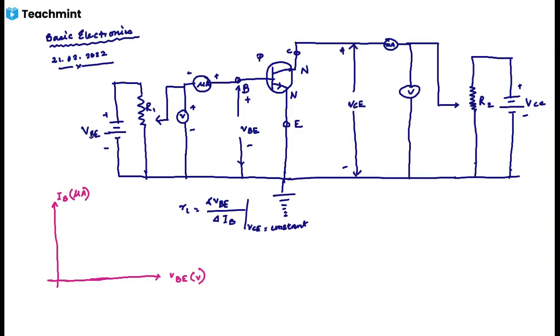So this is 0, 10, 20, 30, 40, 50, 60, 70.